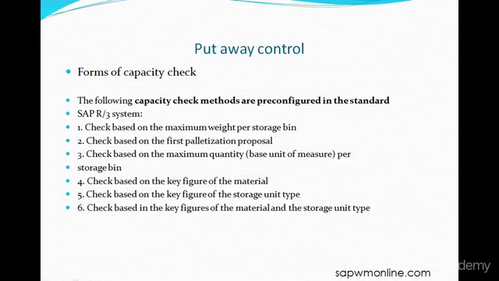Now the last three that talk about the key figure are using a neutral figure in the master data. It could be the bin master or the material master. So let us check some of these capacity checks in the system.